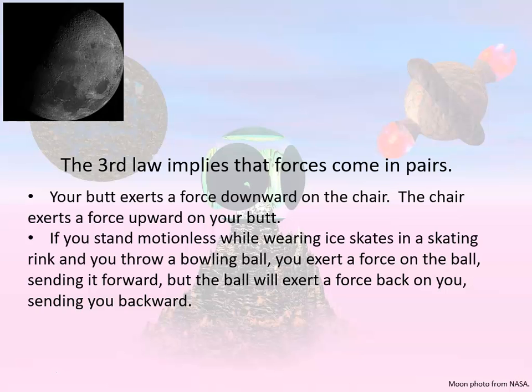Well, the reaction force is your chair exerting a force upward on your butt. Or if you're standing motionless while wearing ice skates in a skating rink and you roll or throw a bowling ball across the floor, you're going to exert a force on the ball, sending it forward, but the ball is going to exert a force on you, sending you backward.